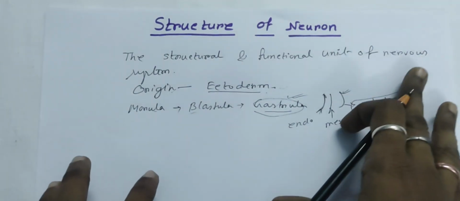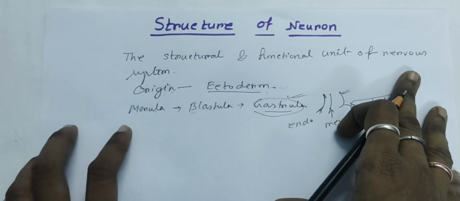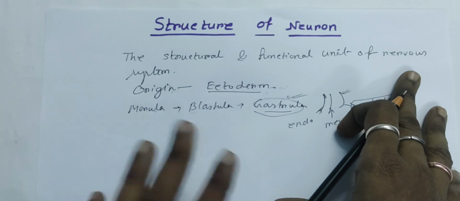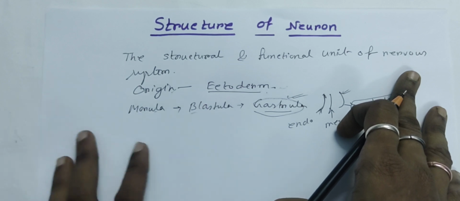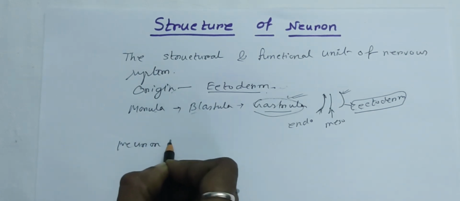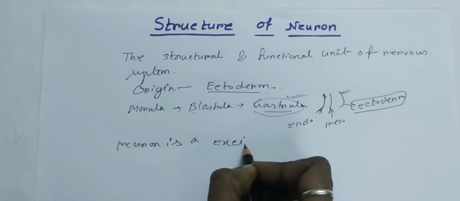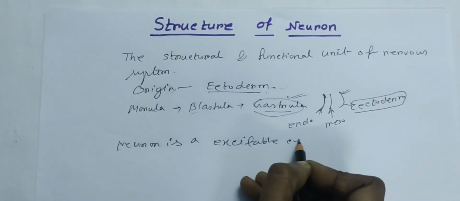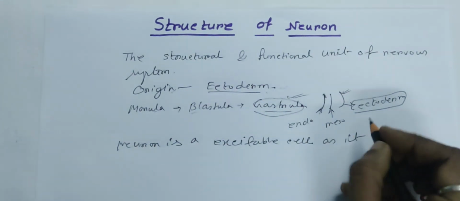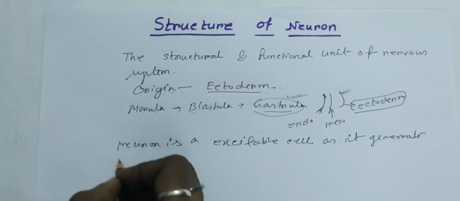I have already made a video particularly on this topic, the action potential. Please go through that video, you will be clear about that concept. So the neuron is an excitable cell as it generates action potential.